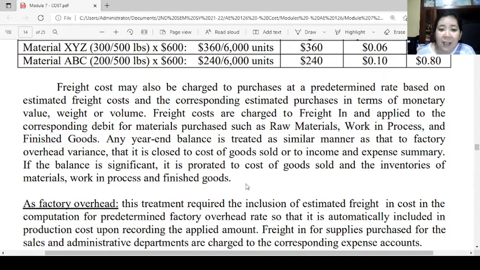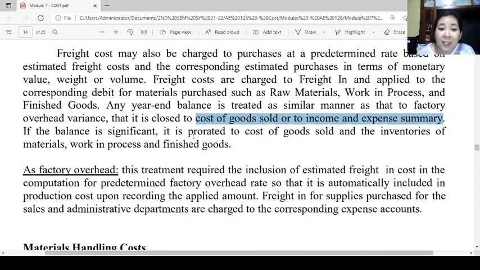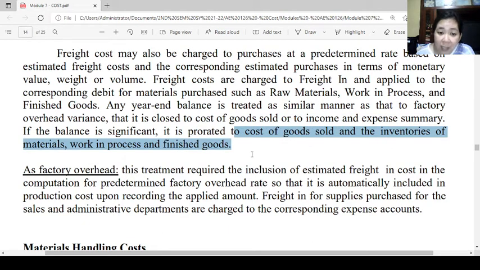Any year-end balance is treated similar to our factory overhead variance and will be closed to cost of goods sold or income and expense summary, sorry. If the balance is significant, then we will prorate this difference to our cost of goods sold and to the materials, work in process, and finished goods respectively.